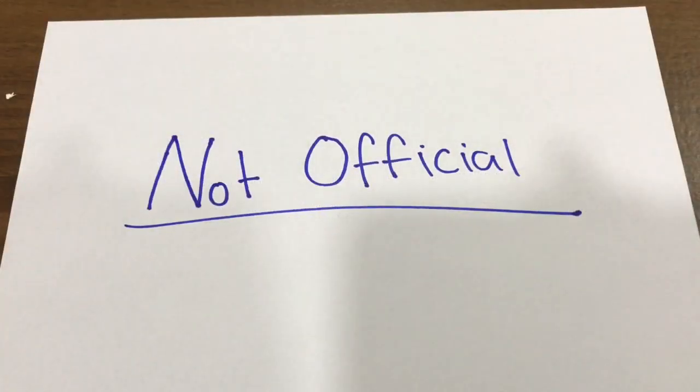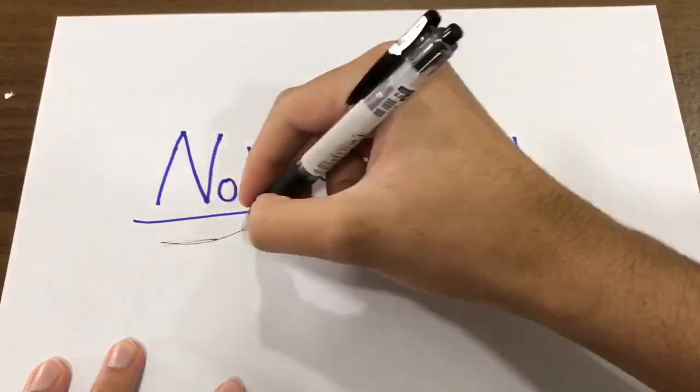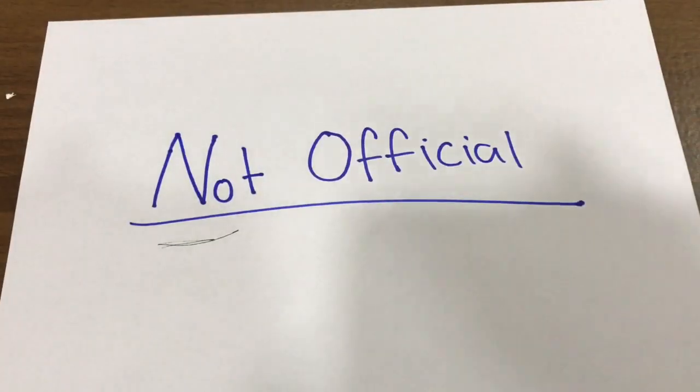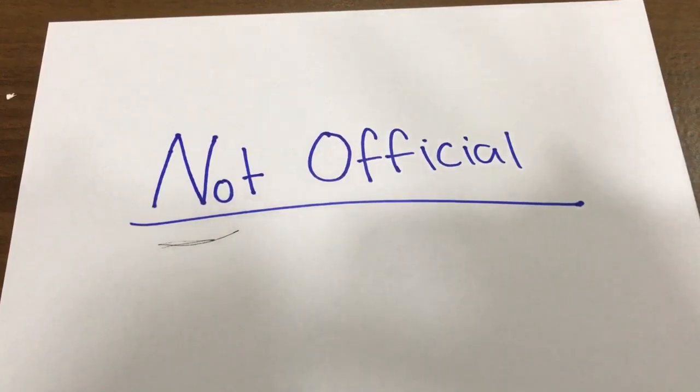So the main thing that all of you need to understand is that this is not official by the IB, okay? The pattern just says that you have to answer a question from microeconomics. It doesn't say that one will be theory of the firm and one won't. So if you decide to not study theory of the firm in the hopes of this pattern, you're doing it at your own risk.